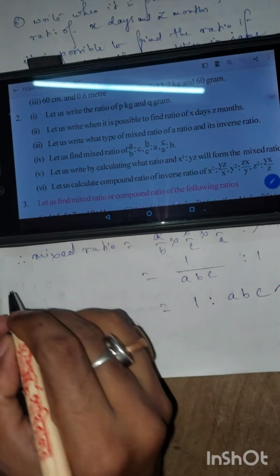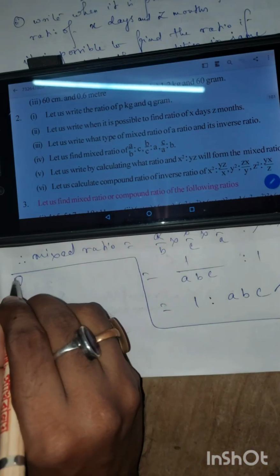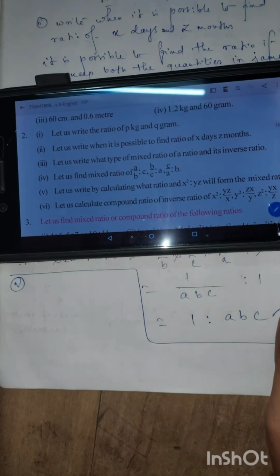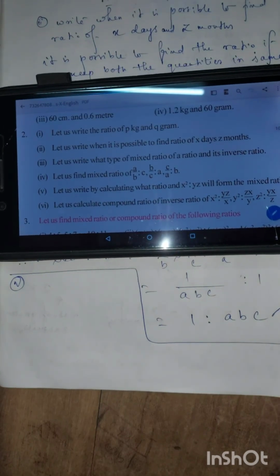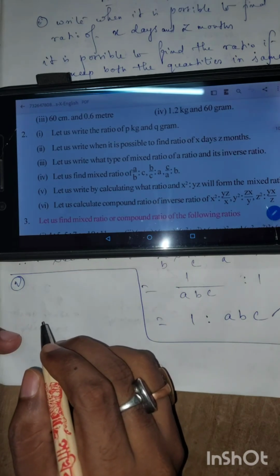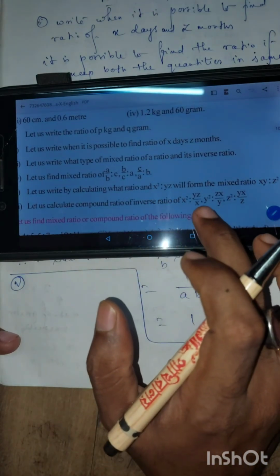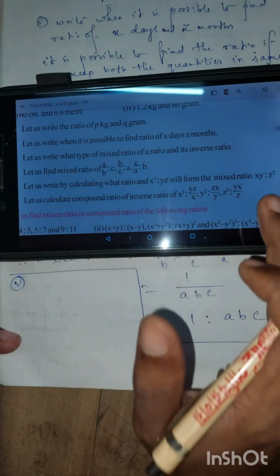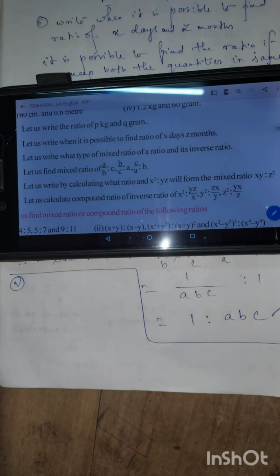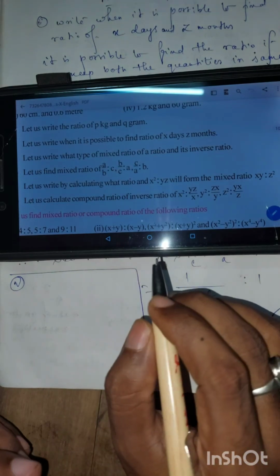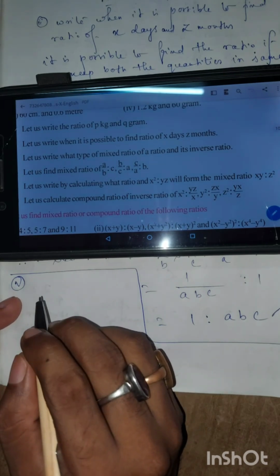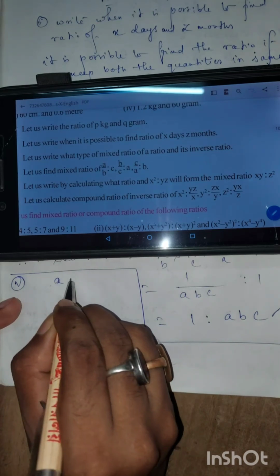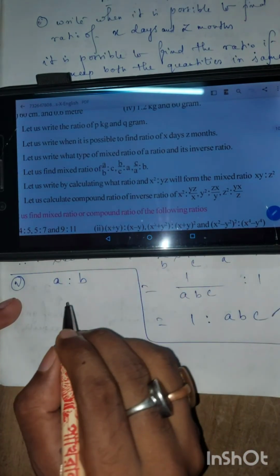Now question 5. Question 5 says, let us write by calculating what ratio will form the mixed ratio. Okay. So let us assume the ratio that we are trying to find out is A is to B, and another ratio is given.